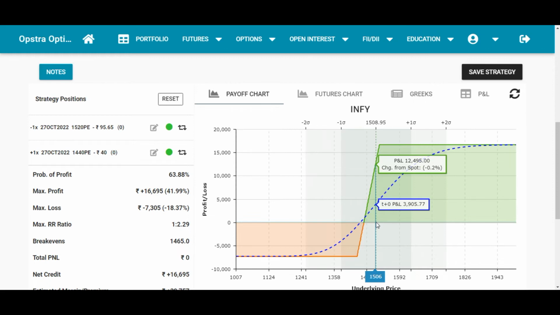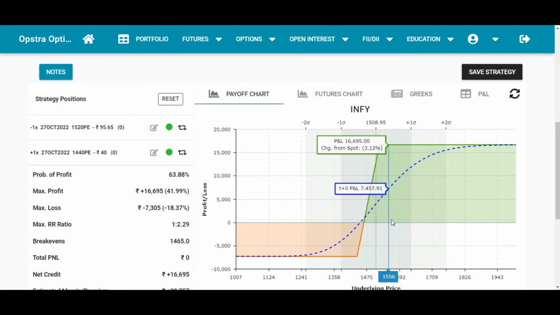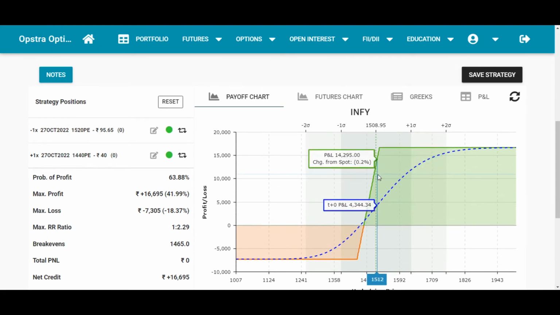But even if you are exiting one week before the expiry, you will end up making a profit of around 3,000 rupees. And as we discussed, if Infosys is trading above 1531 levels, at least before the last week, then you can see a profit of around 5,718 rupees on a single lot basis.